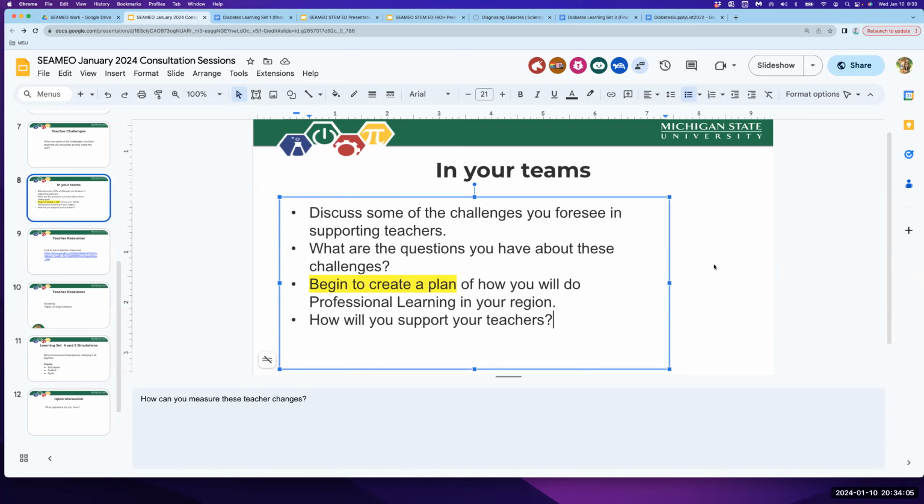Okay, so before we break out into the rooms, what questions do you have about what you're going to do in the breakout room? None? Okay.